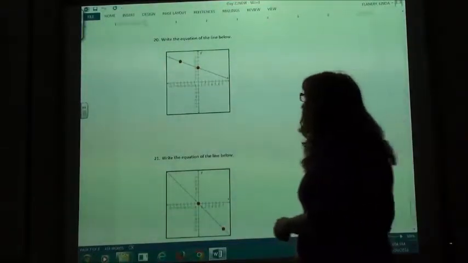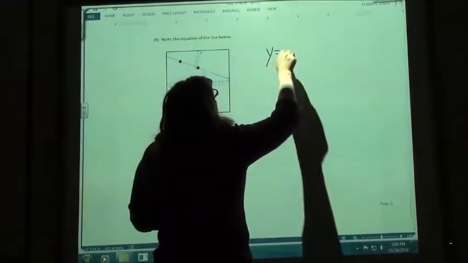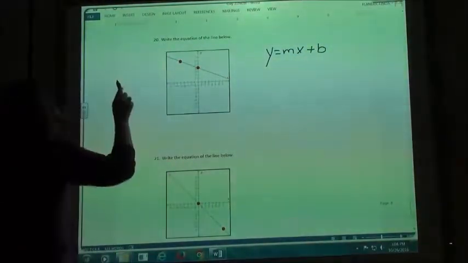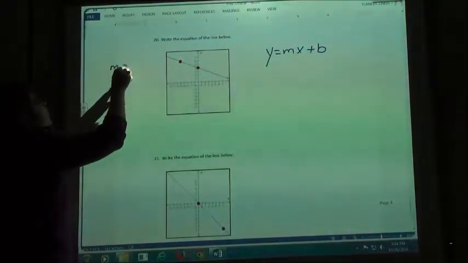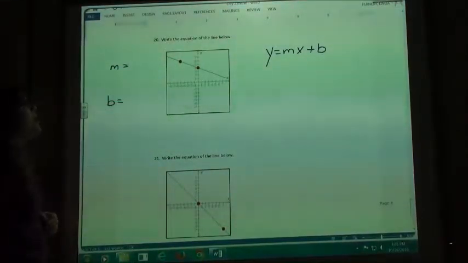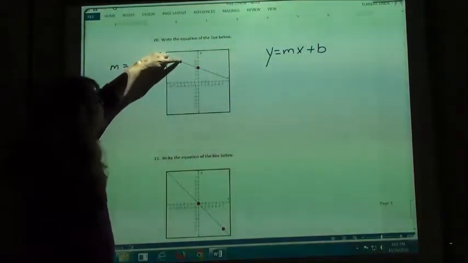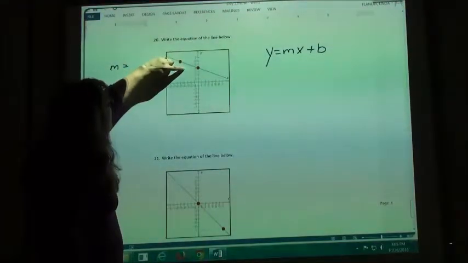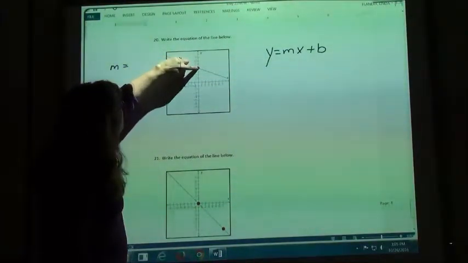So number 20. Again, I want to write the equation of my line. I'm going to put it in slope-intercept form. So I'm going to pick out my slope, and I'm going to find my y-intercept. So my slope, starting on the left, I'm going to go 1, 2 down, and 1, 2, 3, 4, 5 to the right.